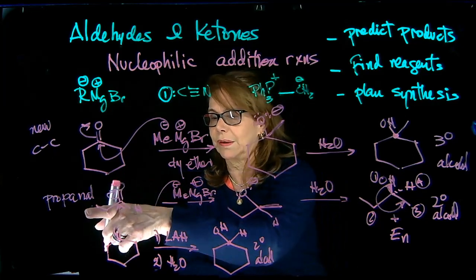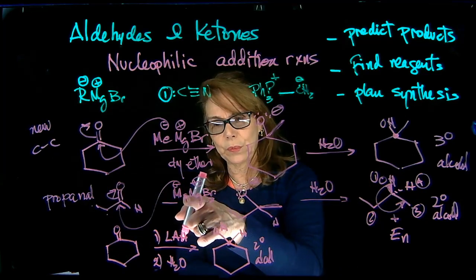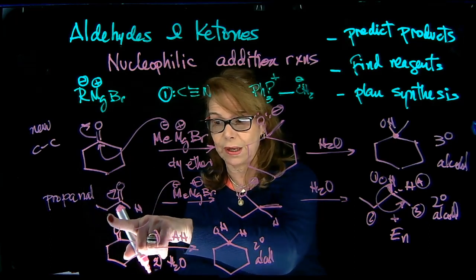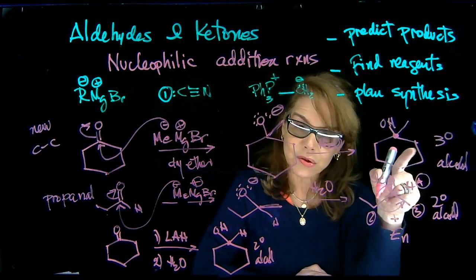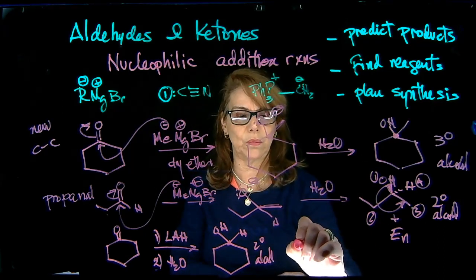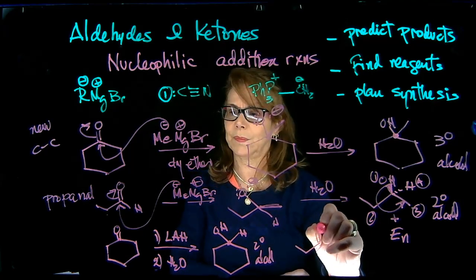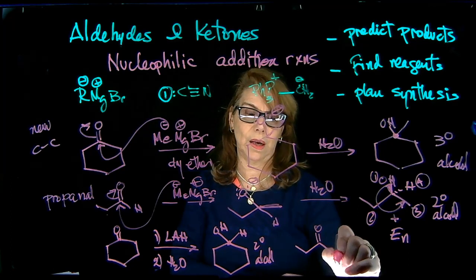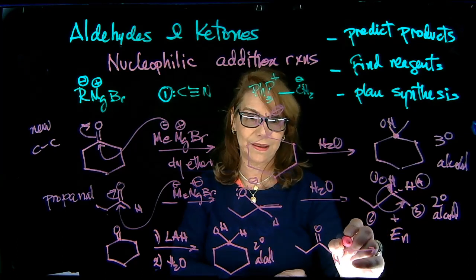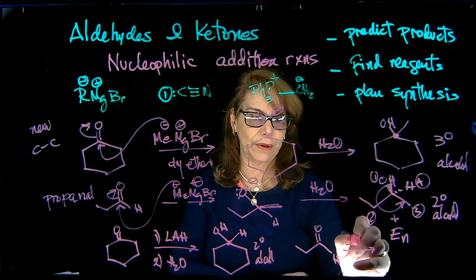Remember that in the case of Grignard, if the group that you're installing, methyl, is different from that, you're creating a chiral center, so you get a racemic mix. But what if I do the same aldehyde with now a different nucleophile? Instead of a Grignard, say that I'm using now lithium aluminum hydride.